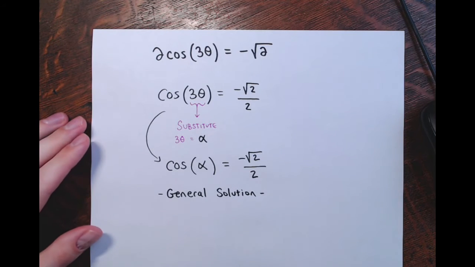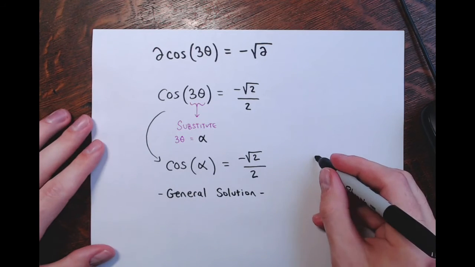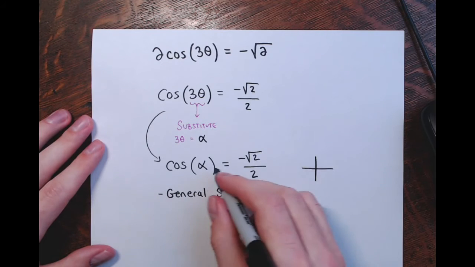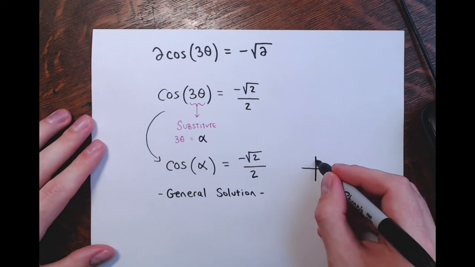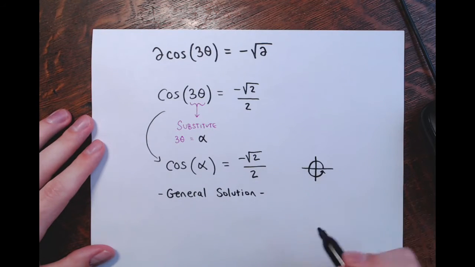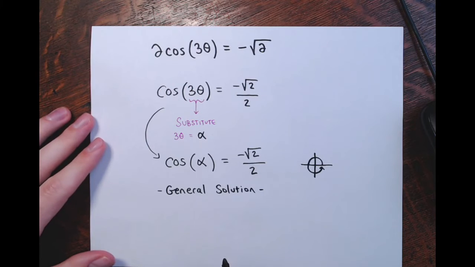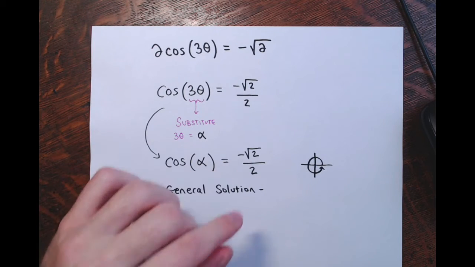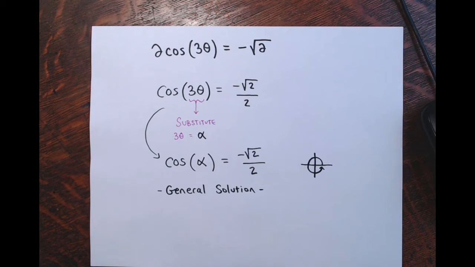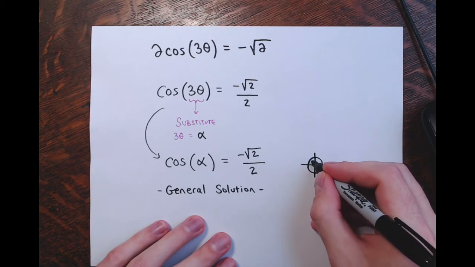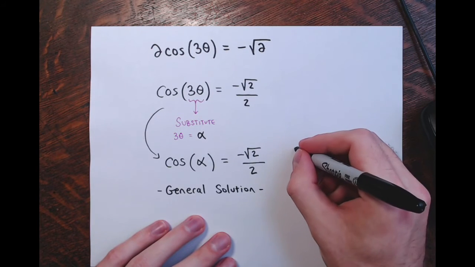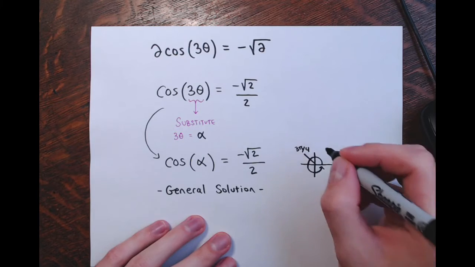Alright, so remember how I solved these linear equations once I isolated the trig function. You just think about going around the unit circle once counterclockwise. And what angles had a cosine of negative square root of 2 over 2. Well, those would be 135 degrees or 3 pi over 4 radians.